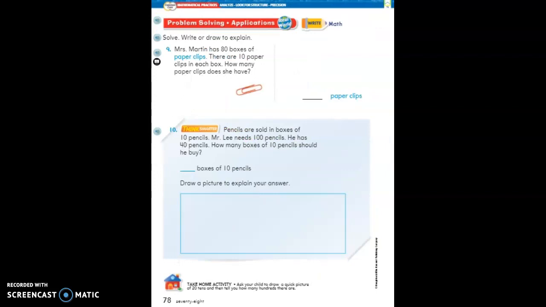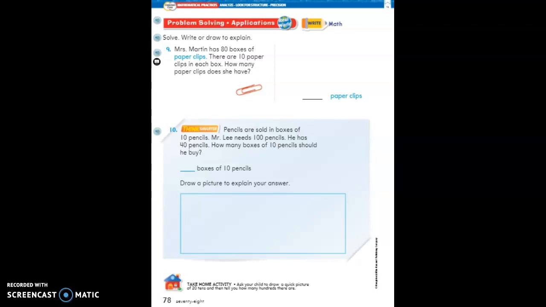All right, so on the next page, it says number 9. It says Mrs. Martin has 80 boxes of paper clips, and there are 10 paper clips in each box. 80 boxes. We're not going to draw 80 boxes, are we?